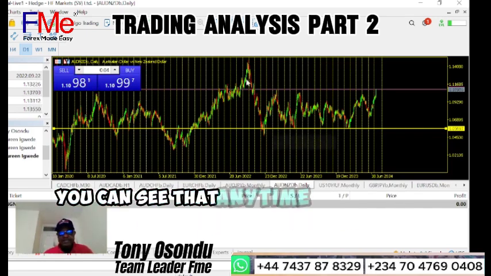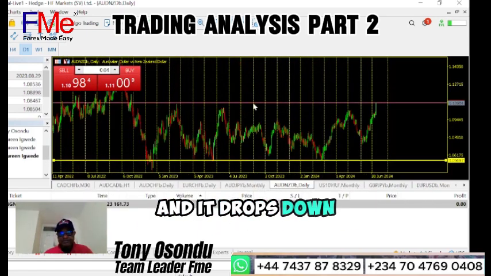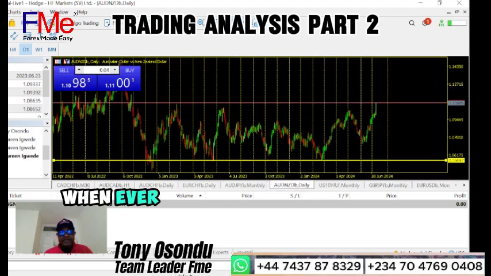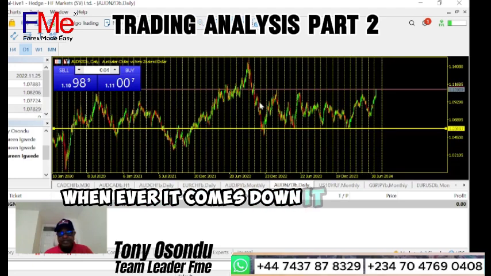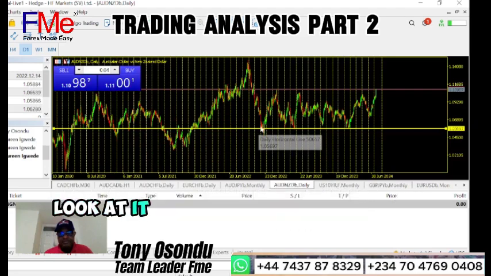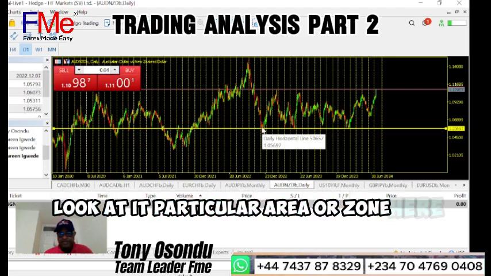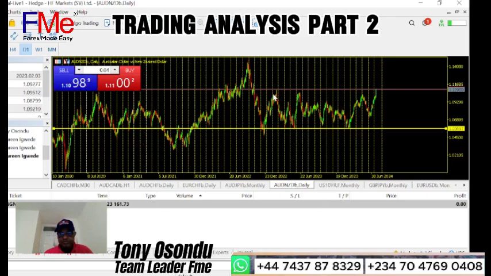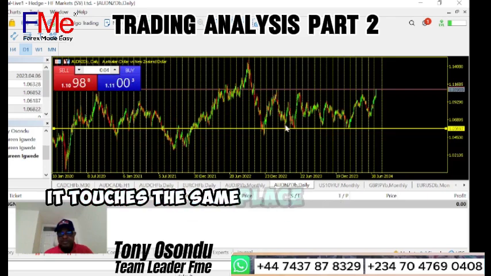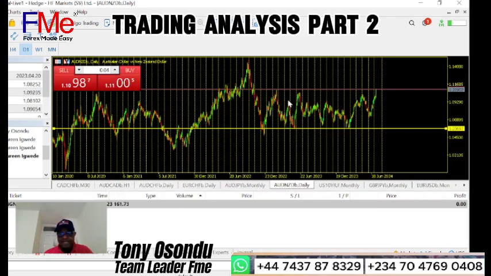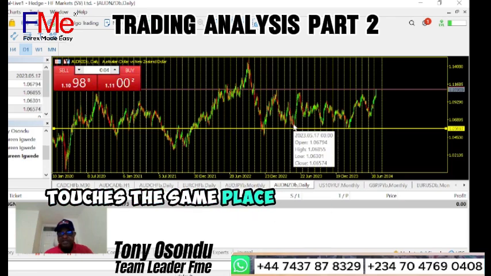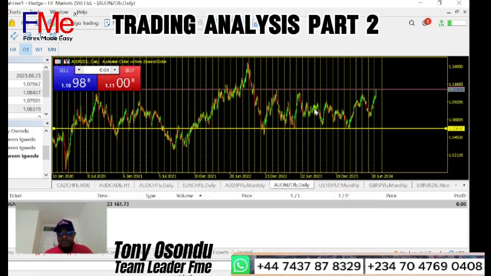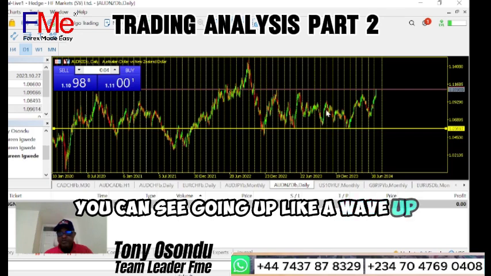You can see that anytime the market goes up and drops down, whenever it comes down, it touches a particular area or zone here, and it goes back up. It comes down, touches the same place and goes back up. It comes down again, touches the same place, and goes back up. You can see it going up like a wave, up, down, up, down.